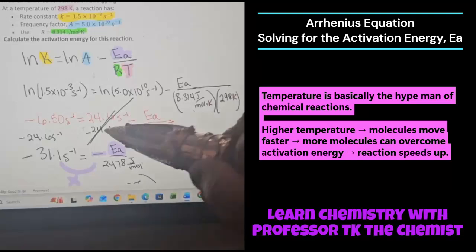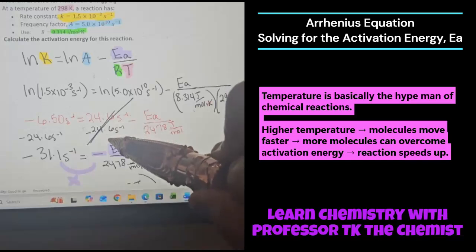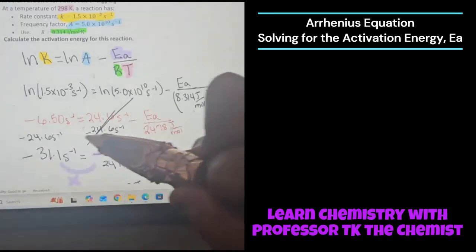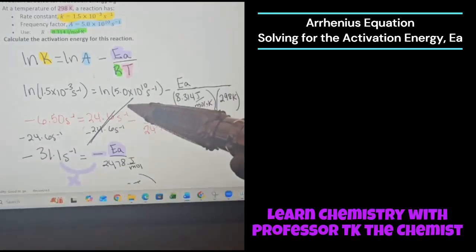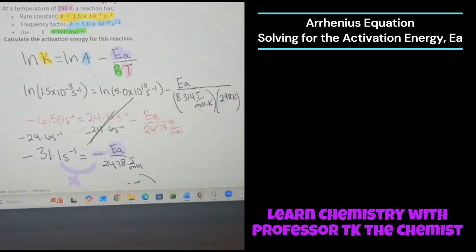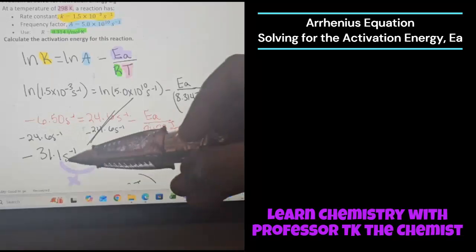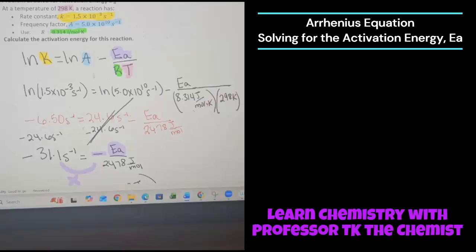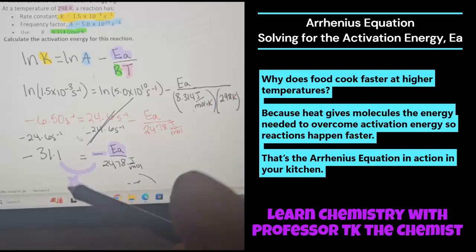After I did that, I subtracted the 24.6 from both sides so that this can cancel out, and we're left with those two, adding those together, which ends up being a negative sign there. When you take two negatives, you end up adding them. You get 31.1 per second. But when you're doing the natural log, guess what? Those units disappear. And when the unit disappears, you're left with multiplying.